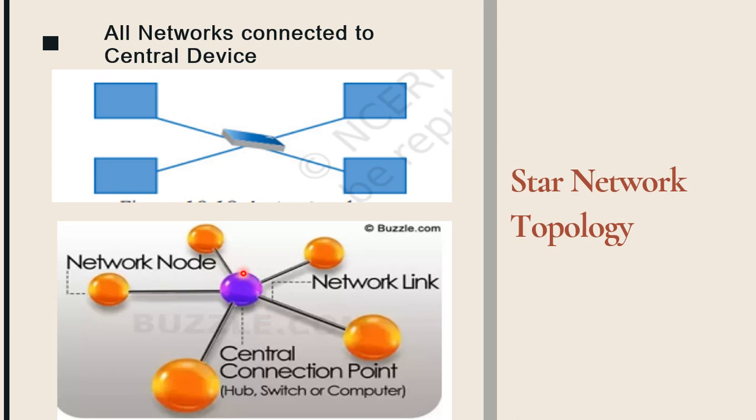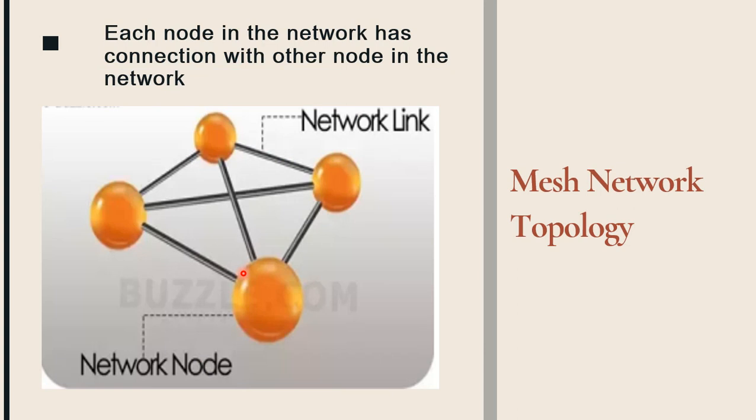Now after discussing the second one, we will move towards the third type, that is mesh network topology. In this mesh network topology, each node in the network has a connection with every other node in the network. Here in this picture we can see each node is connected with the other nodes.